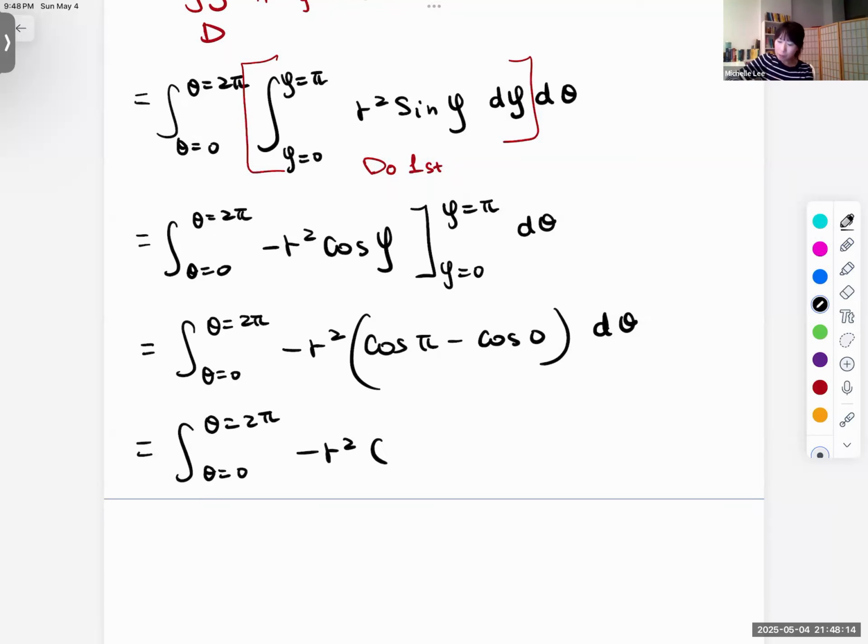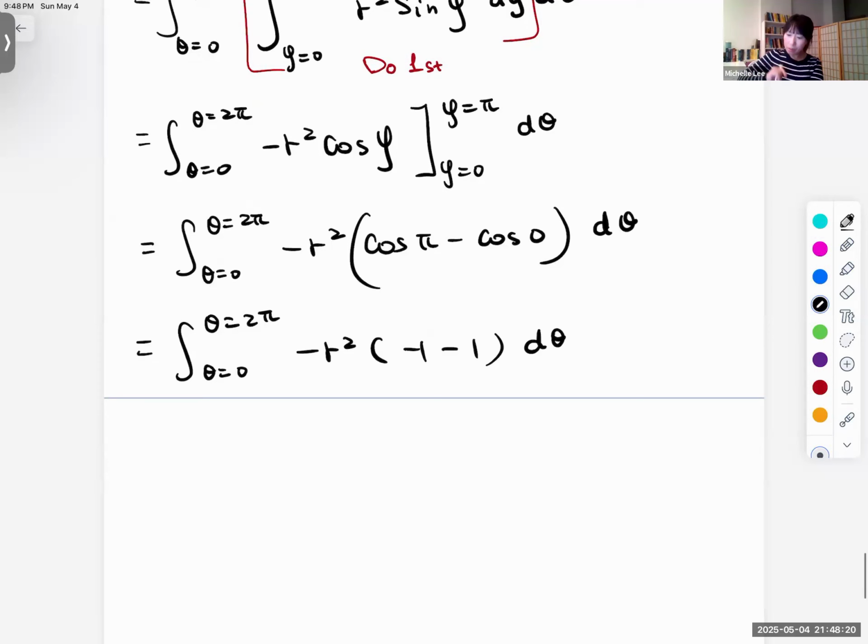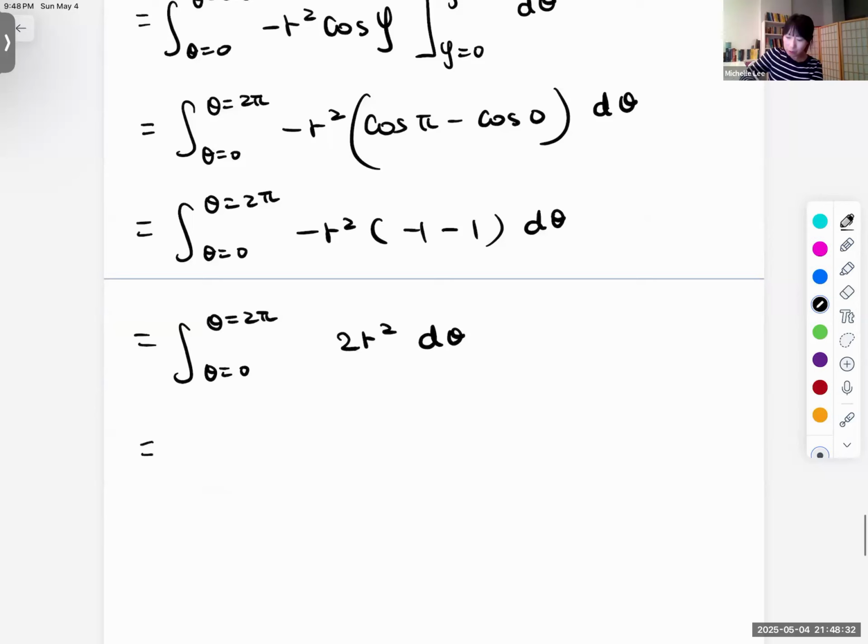Cosine pi, what do you get? It's negative 1. Cosine 0 is 1. So we have negative 2 and then positive 2, so we have a positive 2r squared d theta. Now we want to integrate with respect to theta.